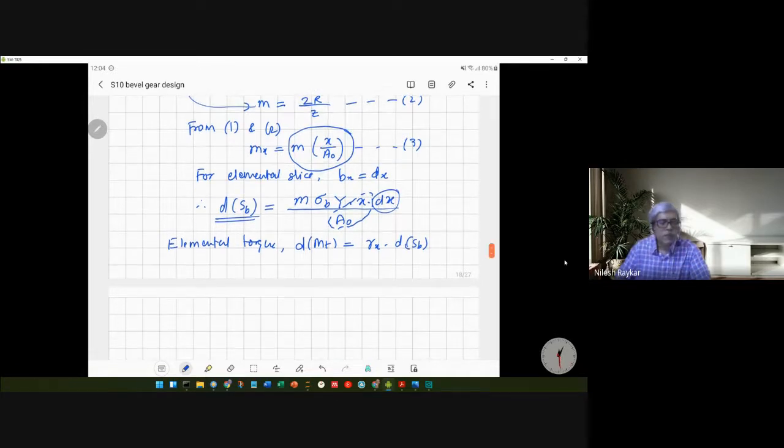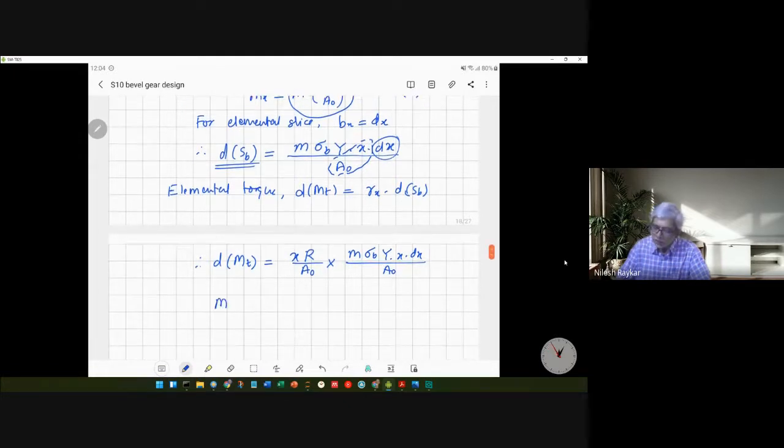So we get elemental torque equal to Rx, which is xR by A naught, multiplied by the elemental bending strength. So that is m sigma b Yx into dx divided by A naught.